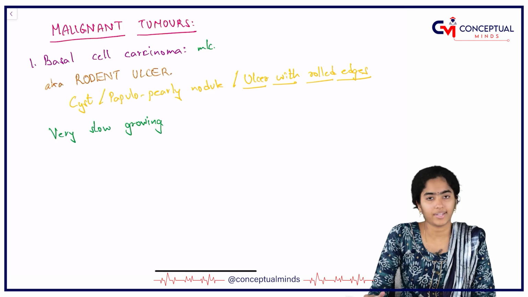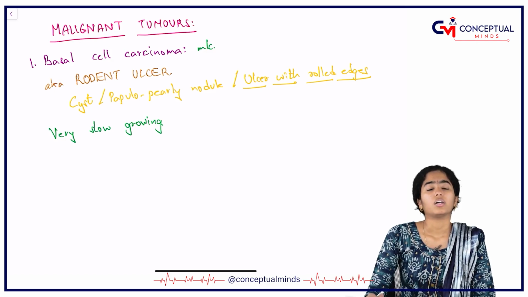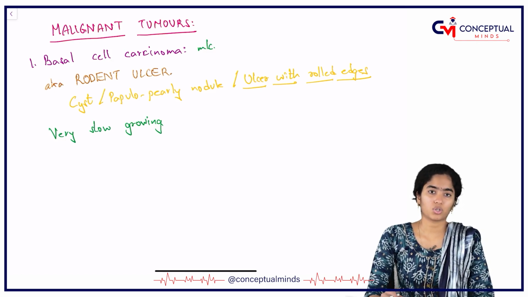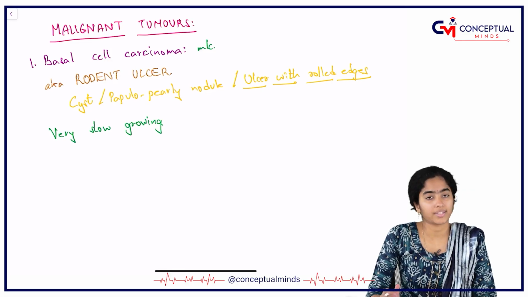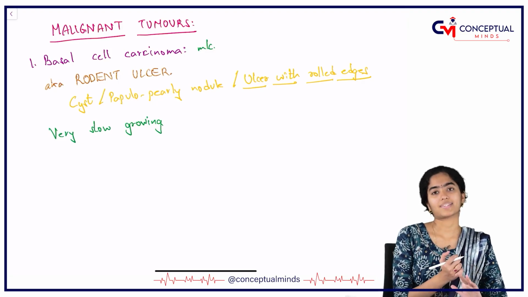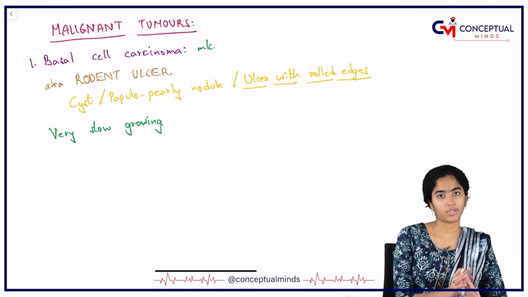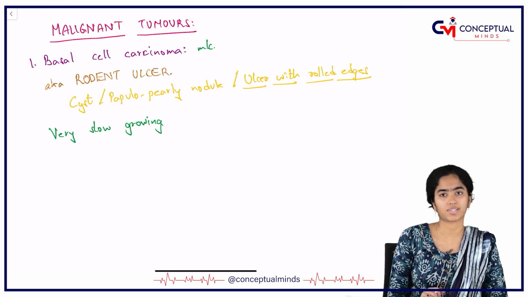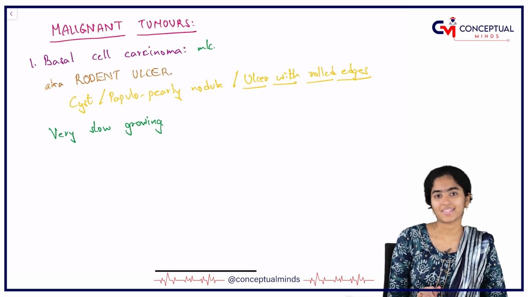It does not even invade the cartilage or the bone. Nodal metastasis onto lymph nodes is extremely rare. I can say there is no metastasis also. So it's a good tumor, it's very slow growing, no metastasis, it doesn't invade the surrounding structures, it's mostly confined to the skin. So this is about basal cell carcinoma.